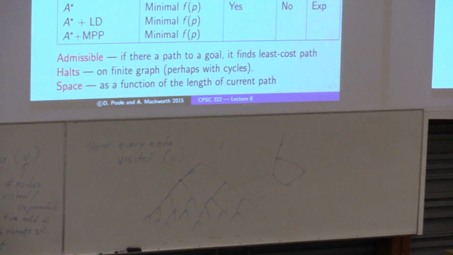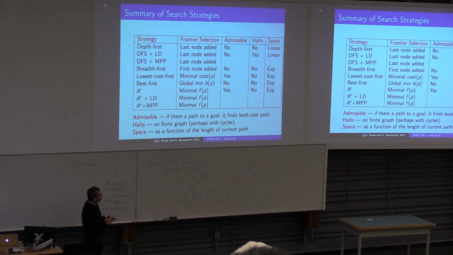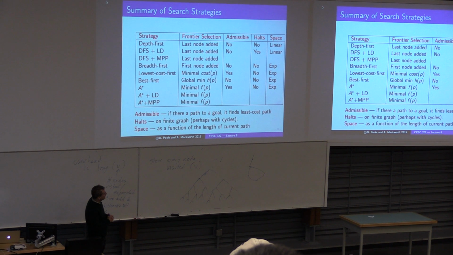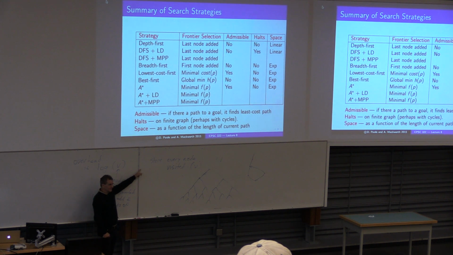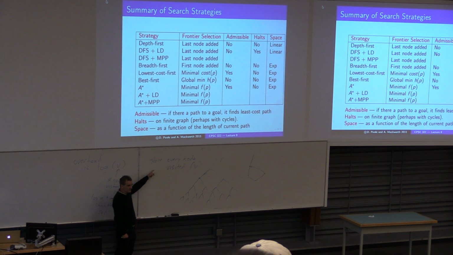What about depth first search with multiple path pruning? Is it admissible? Does it find an optimal path? No. Does it halt? Yes. What's the space? Really? Why do you think that? With multiple path pruning, what do we have to store?